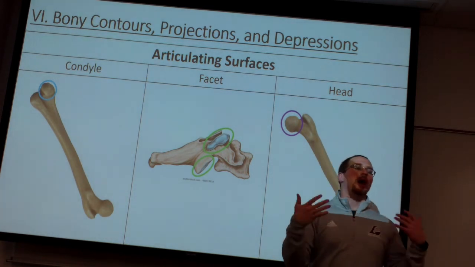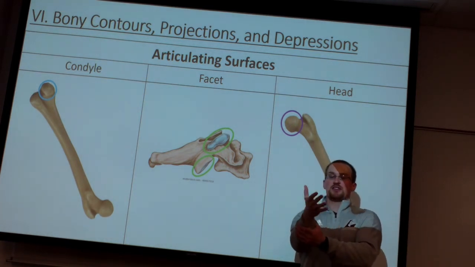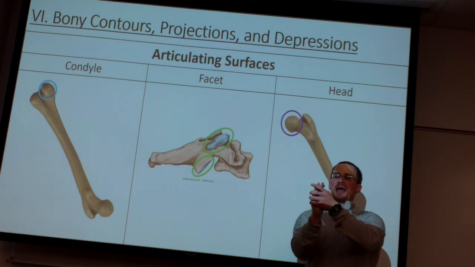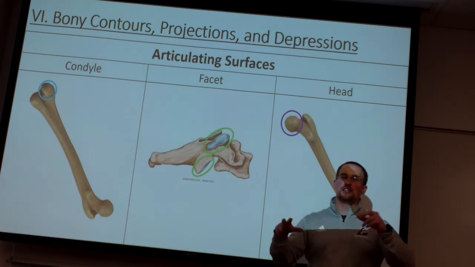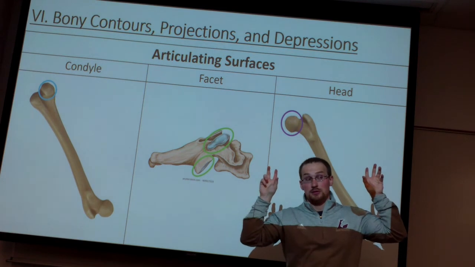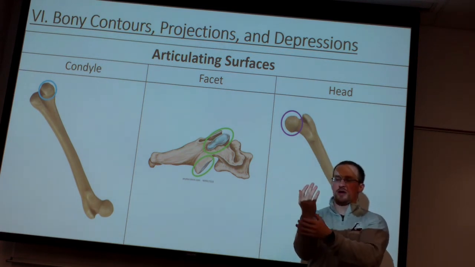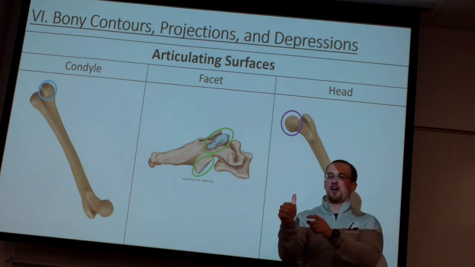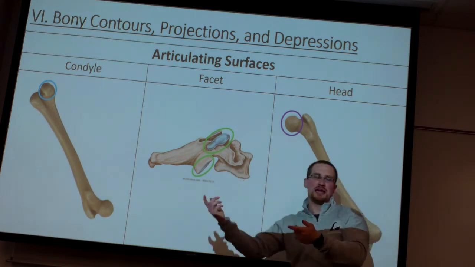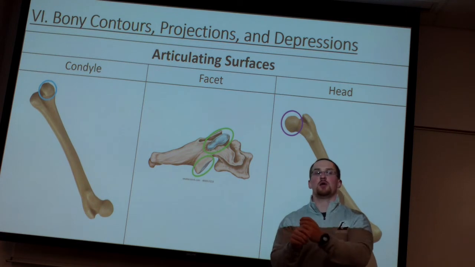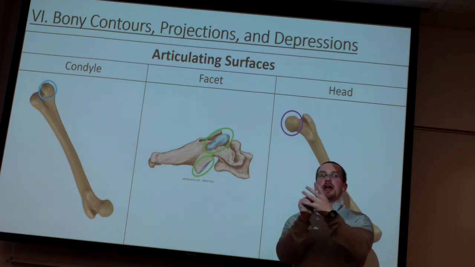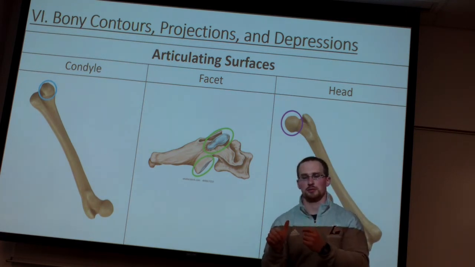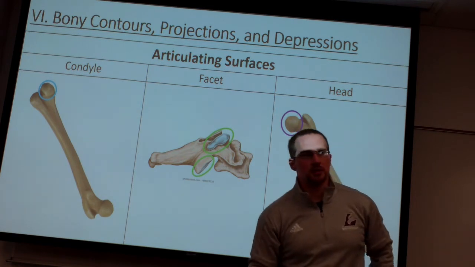Another way to think about it, an analogy: my entire hand would be like the head, because out of my wrist it's a big enlarged end. Versus my thumb is similar to a condyle because it sticks out. It's not the entire end, just one portion. But that's an analogy.